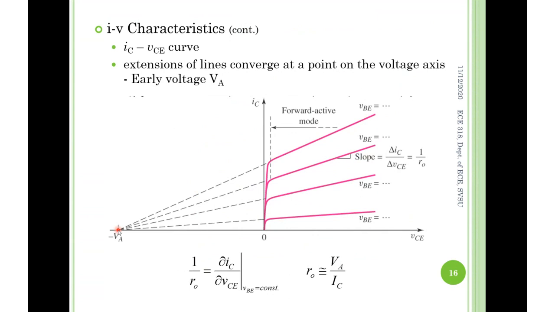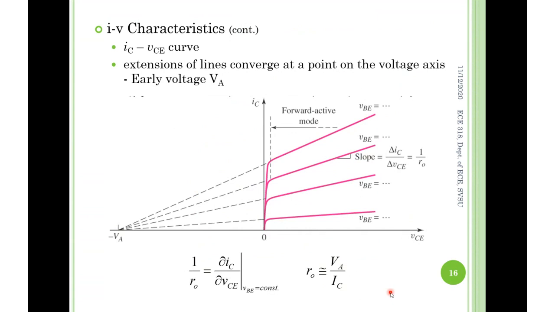And the output resistance of the BJT, wow, isn't it the same too? For MOSFET, we have r0 equals VA over IDQ. Now in BJT, it's not ID, obviously IC, so VA over ICQ. That is the output resistance formula.